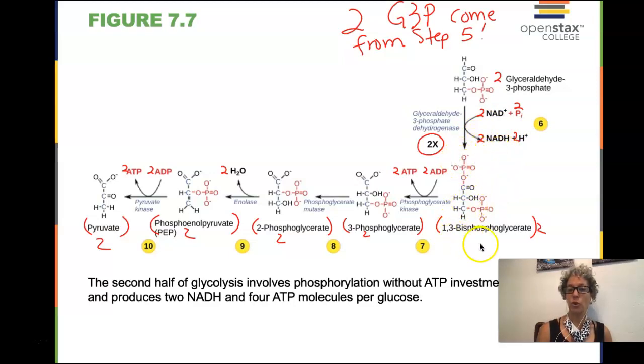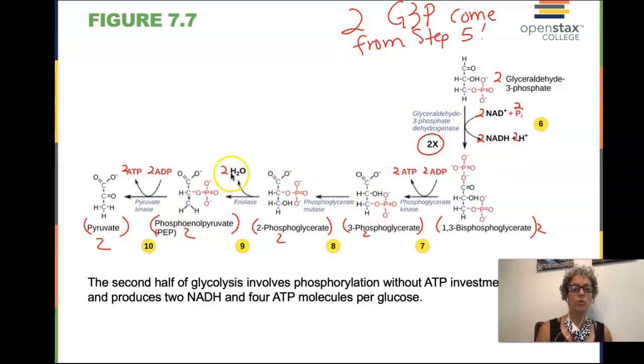Now we have 2 of this molecule that we're going to have another kinase, and in this case we are going to take the phosphate off of each of these and put it onto ADP, so we generate 2 ATPs. Then we're going to have a rearrangement of our phosphate group from the middle to the end.